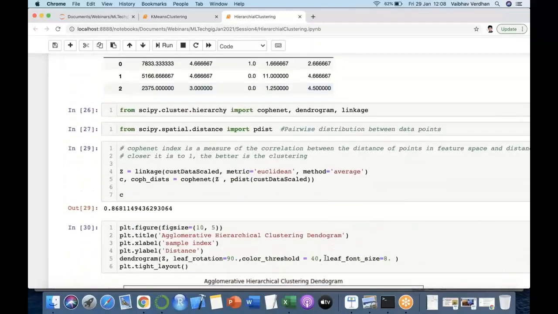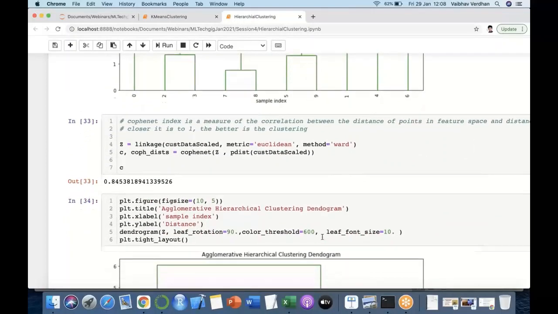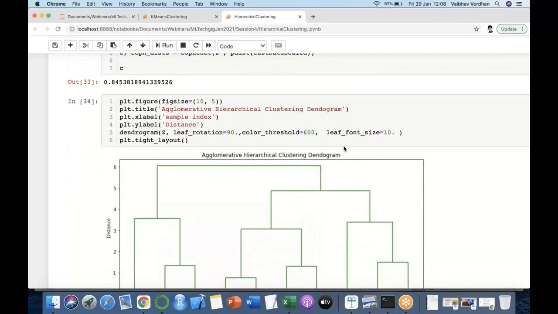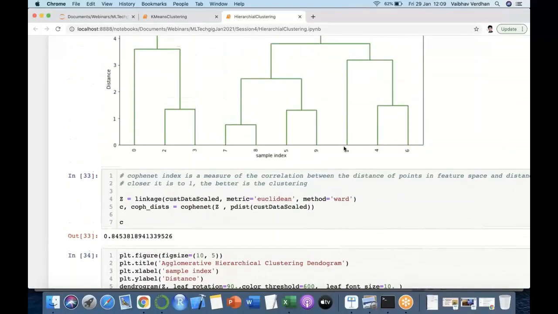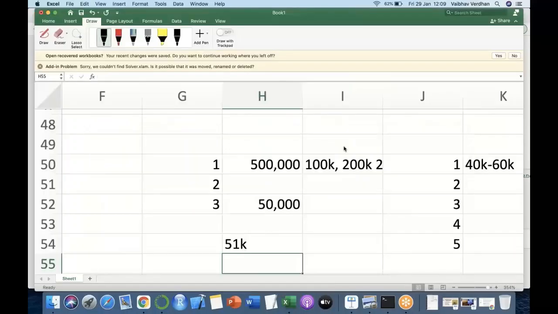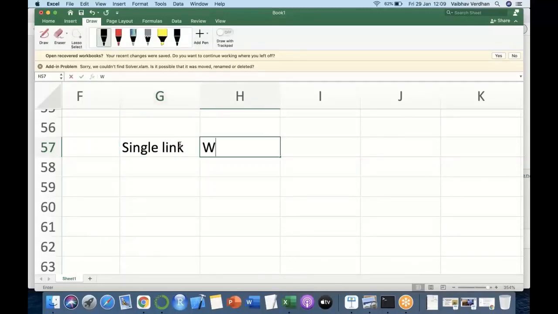Instead of average linkage, if I take complete linkage, my clusters change. Instead of complete, if I take Ward linkage, my clusters change. So what is the meaning of linkage in my clustering algorithms? You have different types of linkages. You have something called single link, then you have Ward, you have complete.